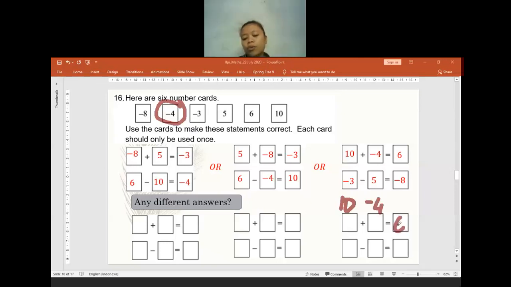And the previous one, -3 minus -8, will be equal to 5. Is there anyone else having a question, or maybe I made a wrong calculation or put a wrong number? No, teacher. The only thing that is correct is just that -3 minus -8 is 5. Okay then. Thank you. We can continue to question 17.